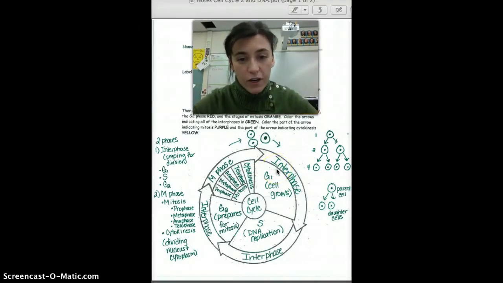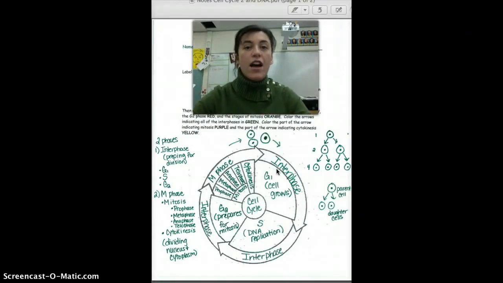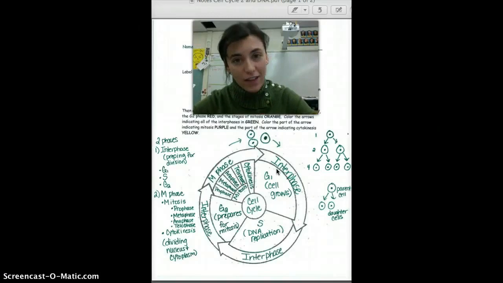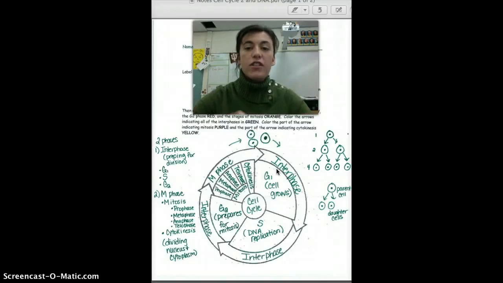The cell cycle is first divided into two main stages. Just like you have stages of your life, where you're a toddler, then an adolescent, then a young adult, and then elderly, there are different stages in a cell's life where it does different things.